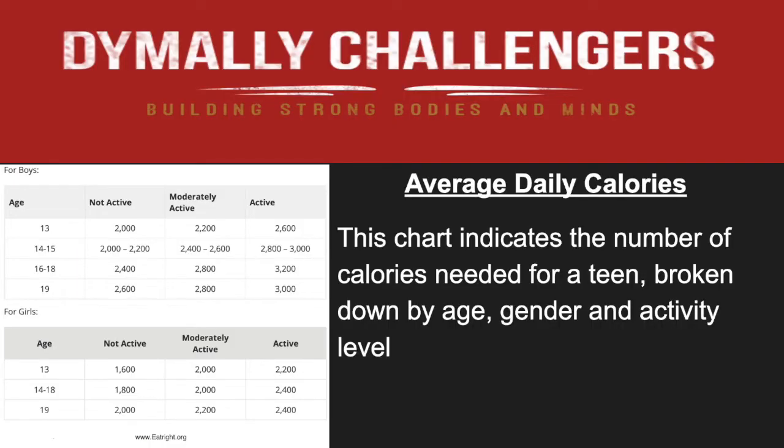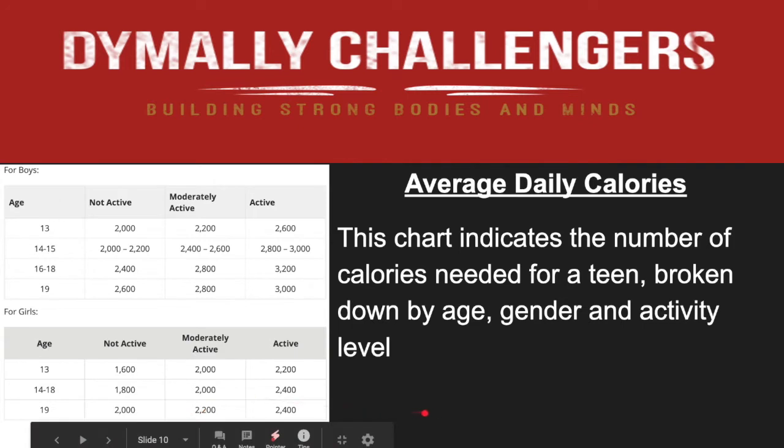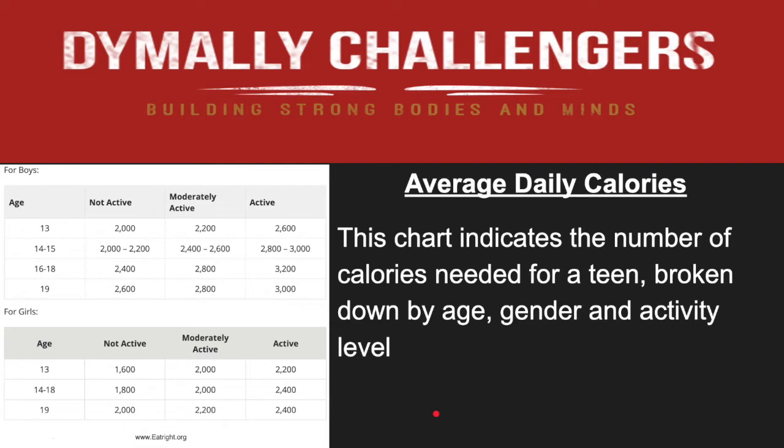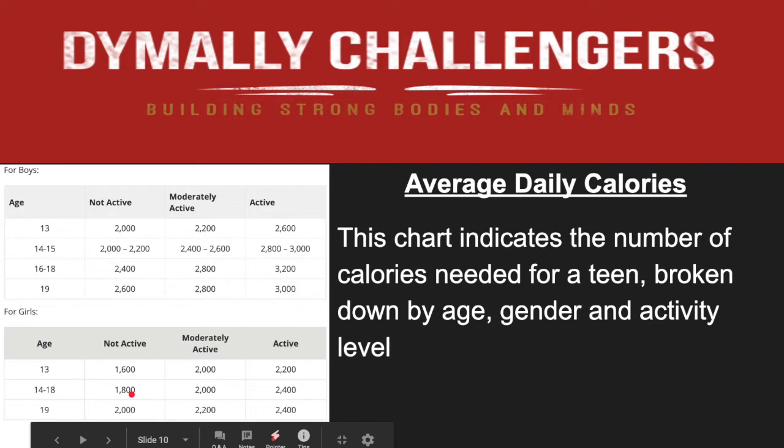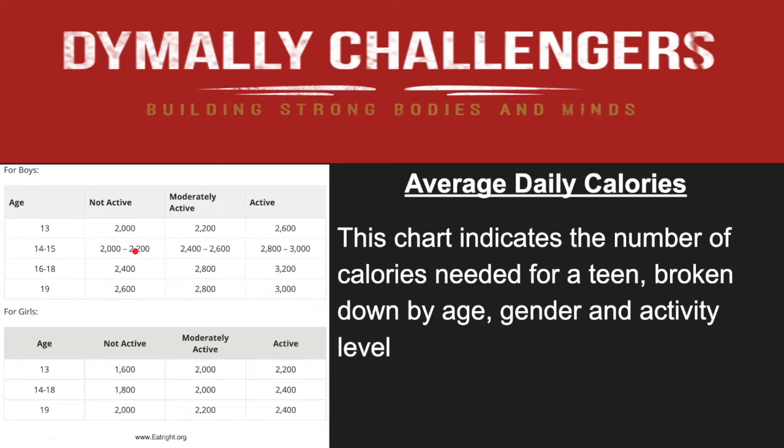Now, as a teenager, how much should you be consuming each day? Right. And we have the chart broken down. Guys are on the top, girls are right here. I got this from eatright.org. Really, everyone in this class is most likely at least 14 years old, probably pushing 15 at this point. Right? So we're looking at 1,800 for girls, 2,000 calories for boys at a minimum, and this is if you're not active.